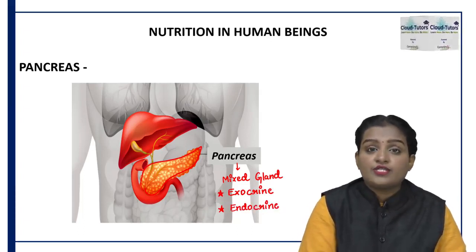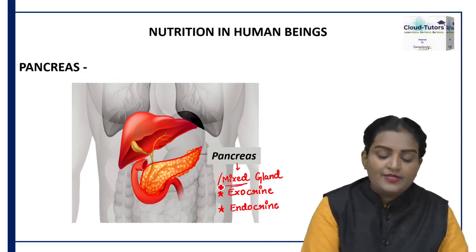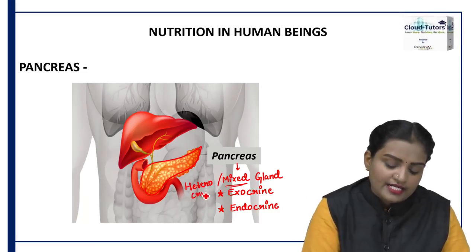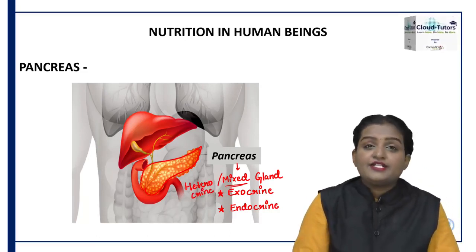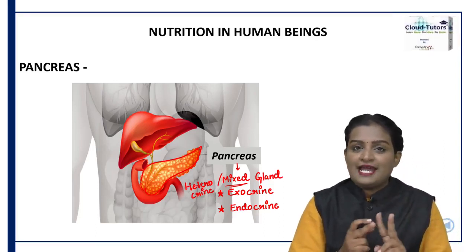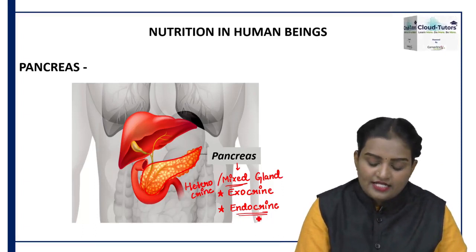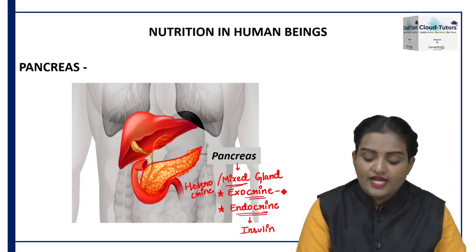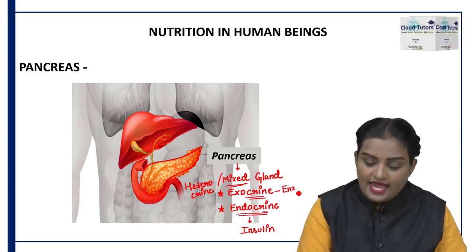Instead of the term mixed gland, in some places we also use the term heterocrine gland. Hetero means different, so it functions both as exocrine and endocrine. Endocrine is when it produces hormones such as insulin, and exocrine is when it releases enzymes.